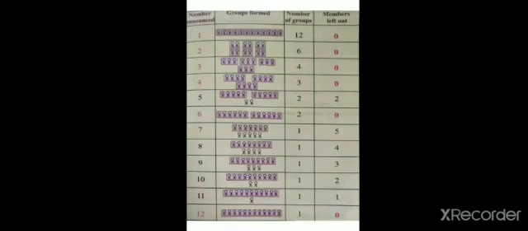So 6 is the factor. In the fourth group there are 3 groups and no one is left out, and there are 4 members in each group. So 4 is the factor. Like that, the group in which no one is left out and everyone is included is known as factor, or the members in each group is known as factor.